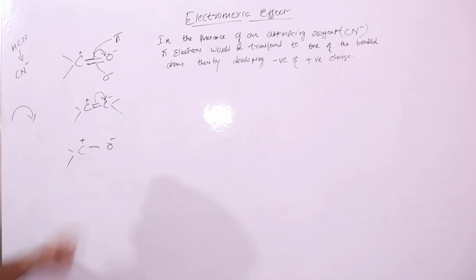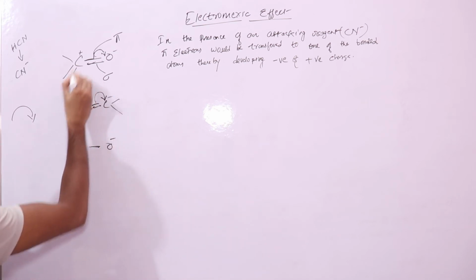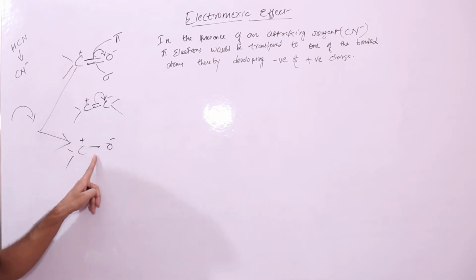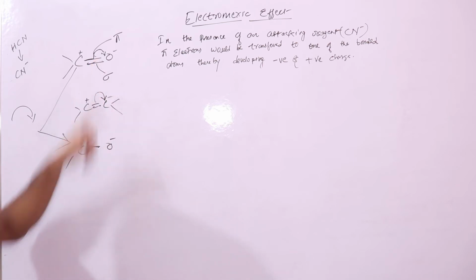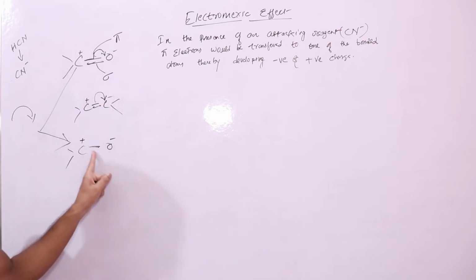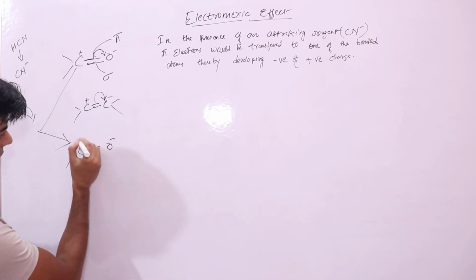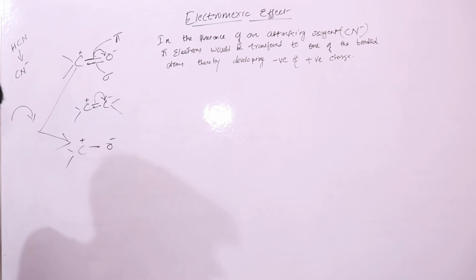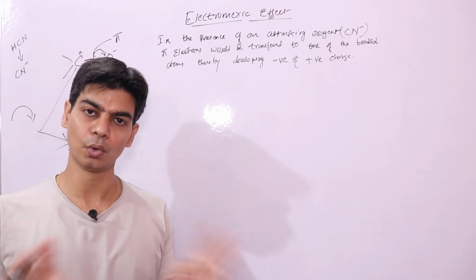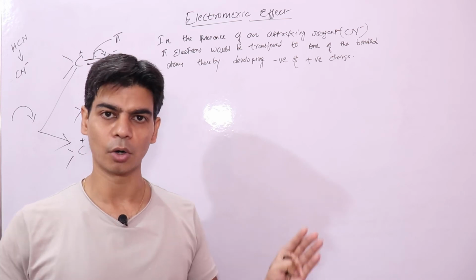So in the second step, I have not shown the pi bond. Here you have two bonds, here I have mentioned one bond, but I have charges, a negative charge on the atom that has received the pi electrons. Since there are no electrons, there is no bond.